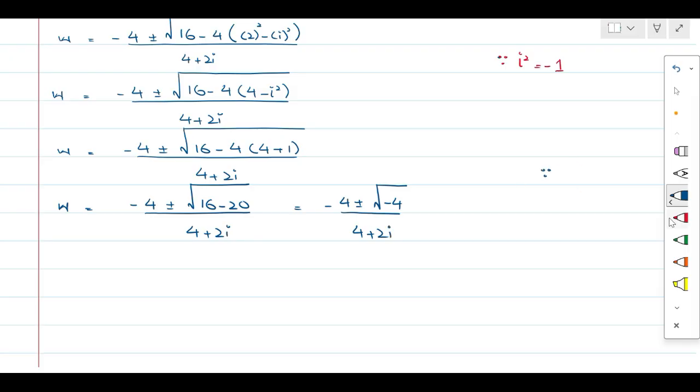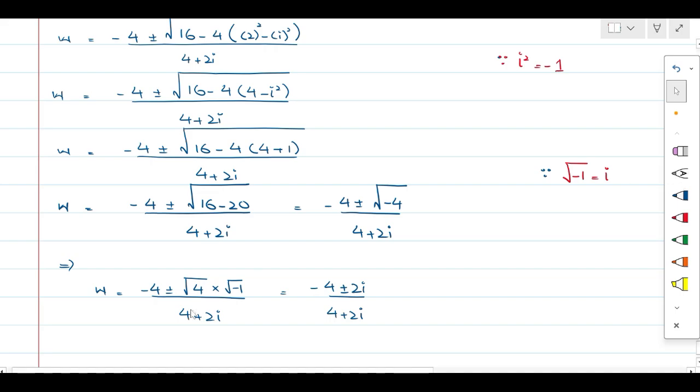As we know that square root of minus 1 is equal to iota, right? So we can rewrite this as w equals minus 4 plus minus square root of 4 into square root of minus 1, divided by 4 plus 2 iota, right? So this is minus 4 plus minus 2 iota, since square root of 4 is 2 and root of minus 1 is iota, divided by 4 plus 2 iota.